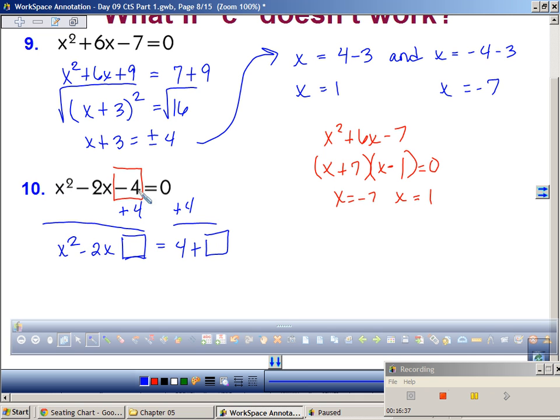My point is this looks like a perfect square when we're first looking at it, right? But it wasn't. We had to add 4 to both sides. It should have been 1, so we shouldn't have added 8 to both sides. We should have added 5 to both sides. Sorry about that. Okay, so we have to make this 1.